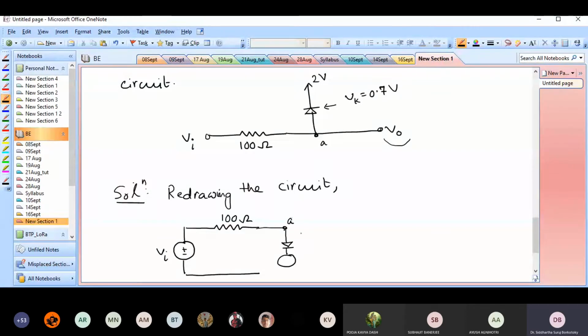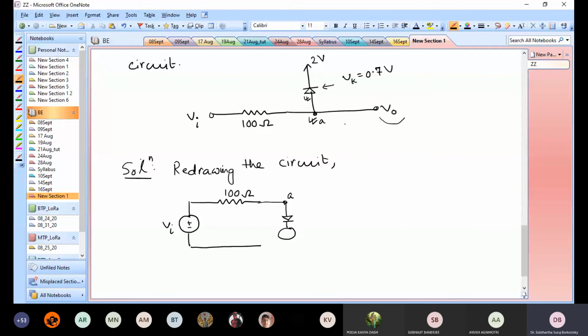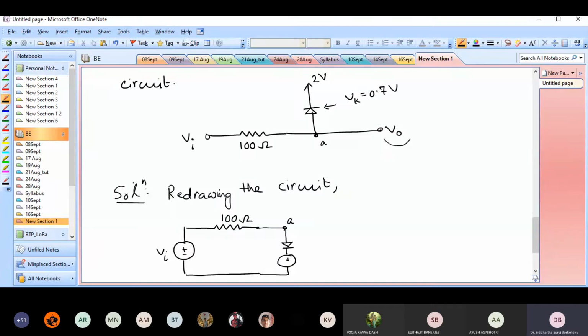The diode now will be pointing downwards because node A is connected to the positive P terminal of the diode. So I have to make sure that I am doing the exact same thing in my drawing. And then I have a 2 volts source. And this node A is directly connected to the output.